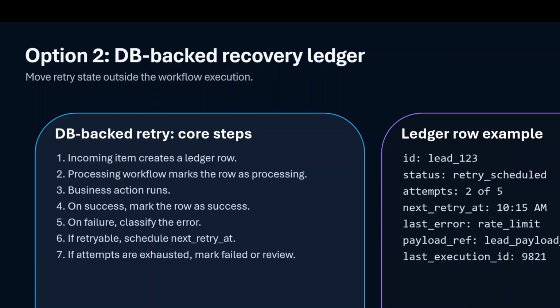And then you have the retry scheduler role, which runs in a loop. You use a Schedule node in N8N and say, hey, every 5 minutes, go to this ledger and find any workflow that didn't execute, check if it should be retried, and retry it.